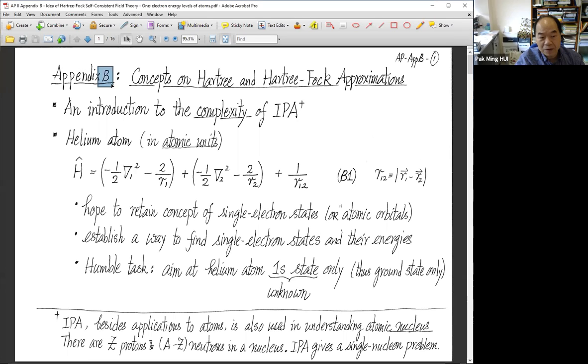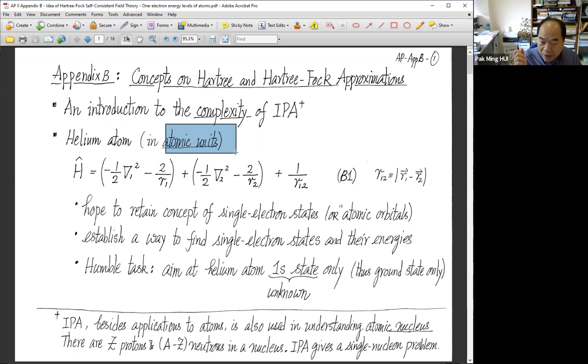This is appendix B, okay? Basically, the atomic units measure length in Bohr radius, measure energy in 2 times 13.6 eV. So everything is related to the hydrogen atom scale. Measure in the binding energy of hydrogen, only twice of it, 27 eV or so.